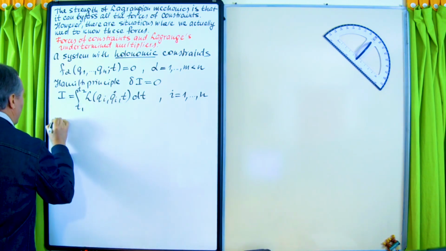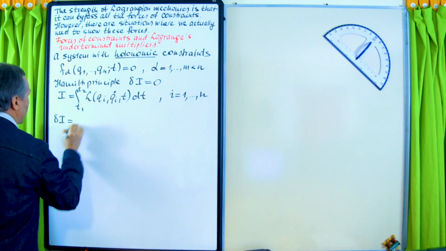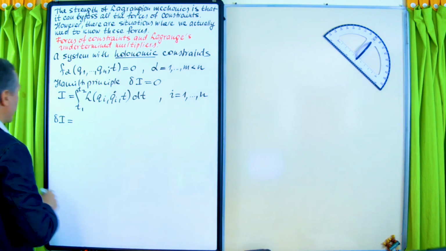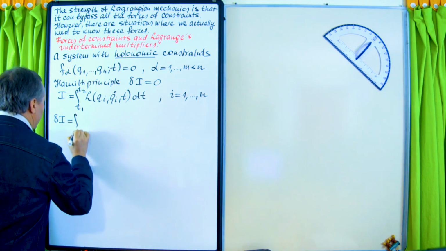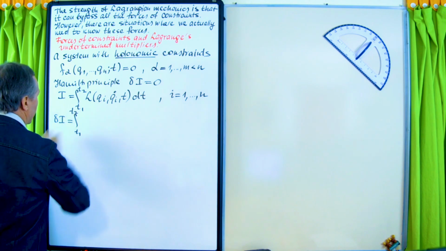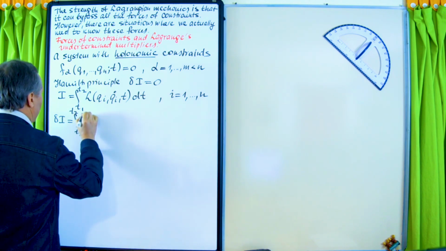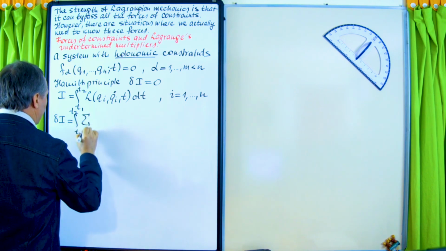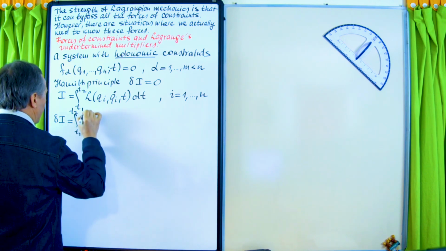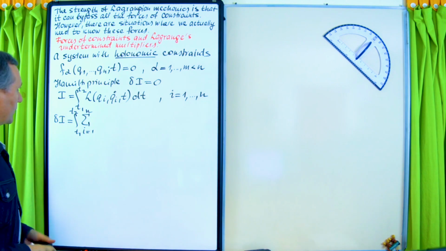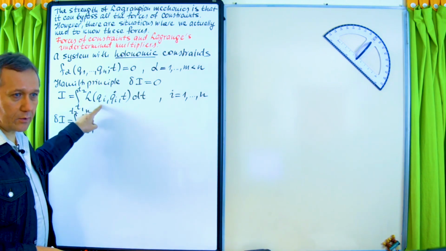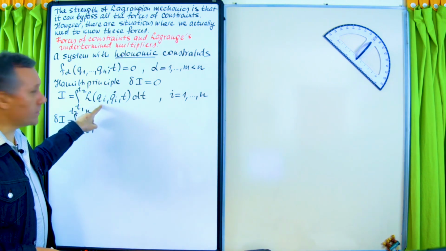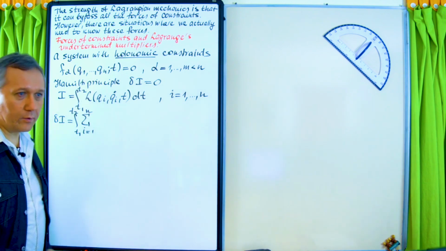Right, so the variation of I. It looks like soon I will have to change my marker. So the integral from t1 to t2, and first let me open the summation over i from 1 to n, because I'll have to vary each of these coordinates and then each of these velocities.